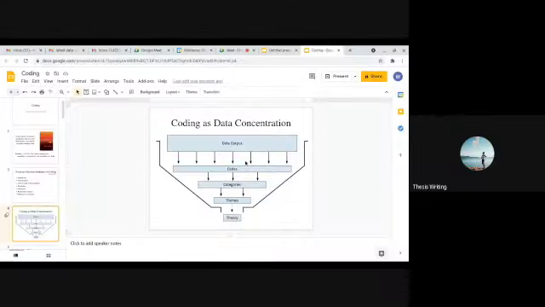Ito yung data corpus. Nandito na lahat ng files: yung interview, FGDs, field notes, observations. Then the data corpus will be coded, so you will have your codes. And then the codes will be reduced into categories.